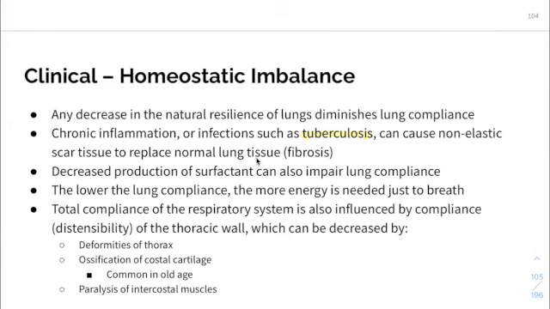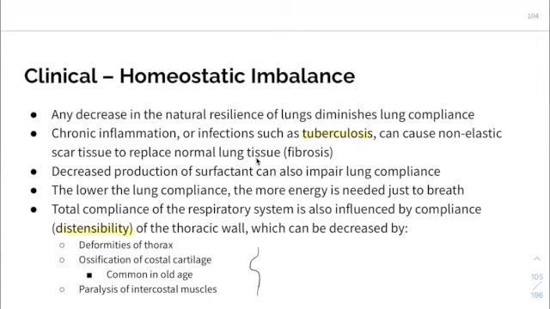So our compliance, of course, is influenced by distensibility. Even if something is not right within your thoracic cage, that can cause a decreased compliance. If you remember back to the bones section, somebody who has scoliosis has less room for their lungs to expand, which makes it harder to breathe.